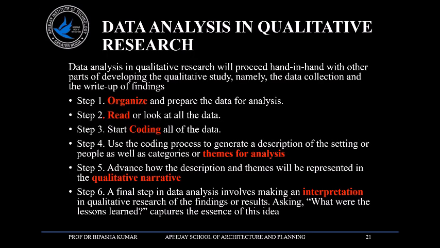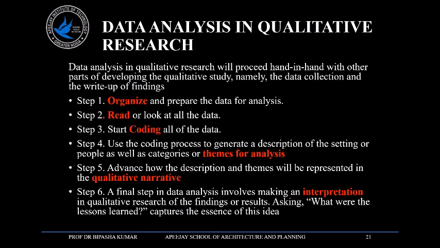So the data analysis in qualitative research will proceed hand in hand with other parts of developing the qualitative study, namely the data collection and the write-ups of the findings. So how you analyze the data and how you come up with the writing.